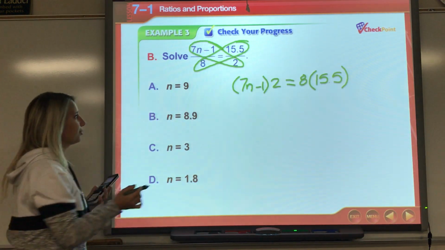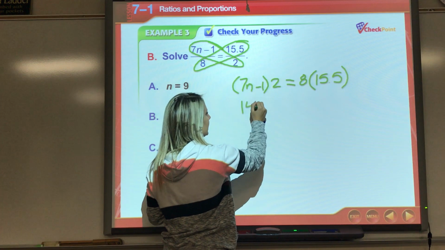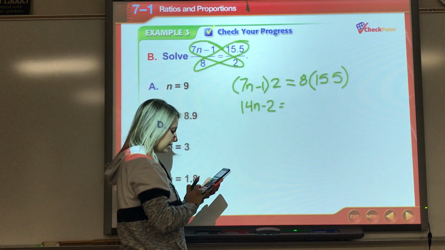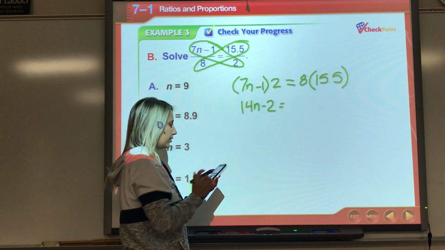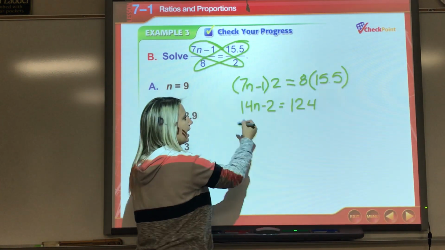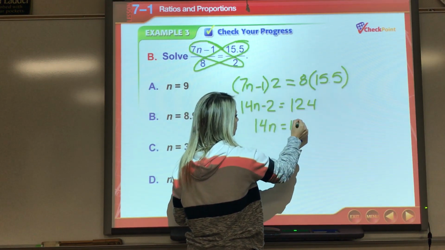Okay, when we go through, on this side, we're distributing this 2 through, so we get 14n minus 2 equals 8 times 15.5 gives us 124. Okay, add the 2 to both sides, so we get 14n equals 126.